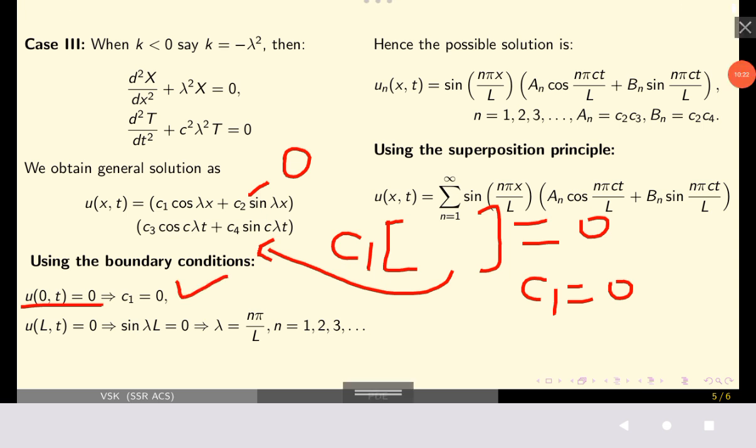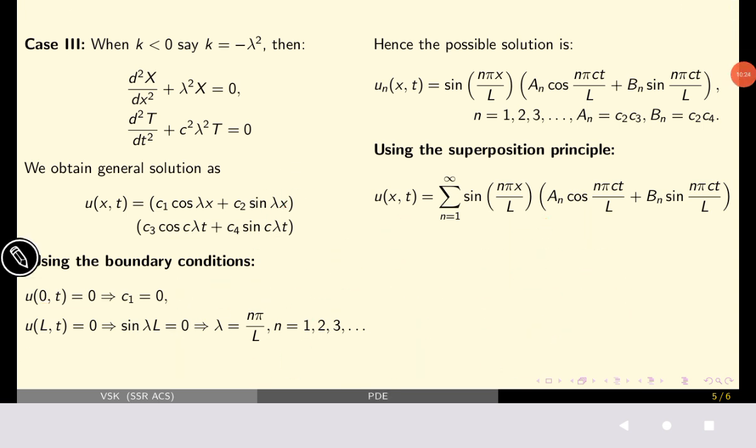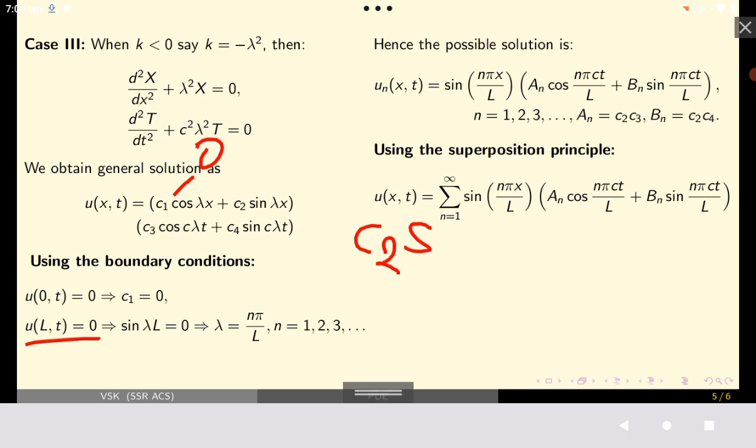Now by putting the second condition, u(L,t) is equal to 0, wherever x is coming, C1 is already 0. We also found this. Wherever x is coming, this becomes C2 sine lambda L into the second expression as it is, equal to 0. But C2 is not equal to 0. Why?